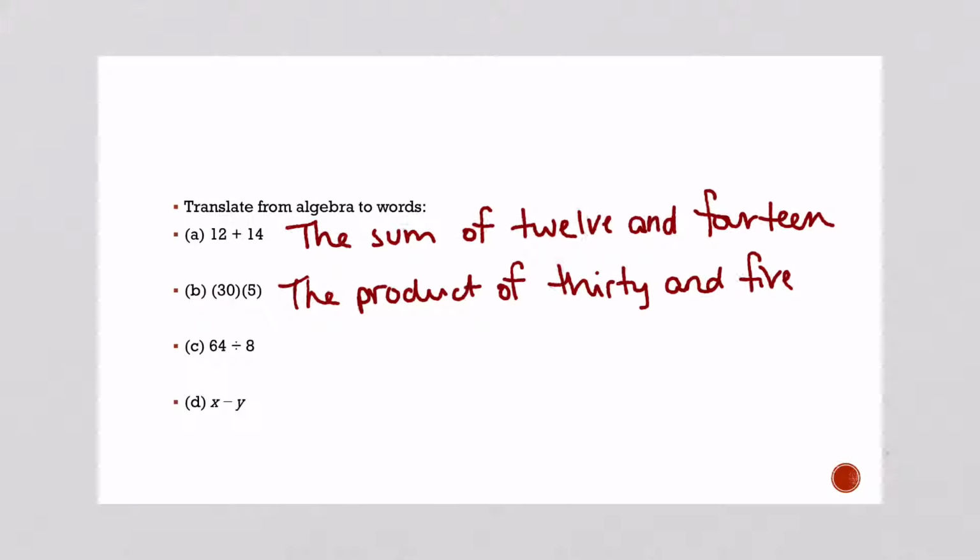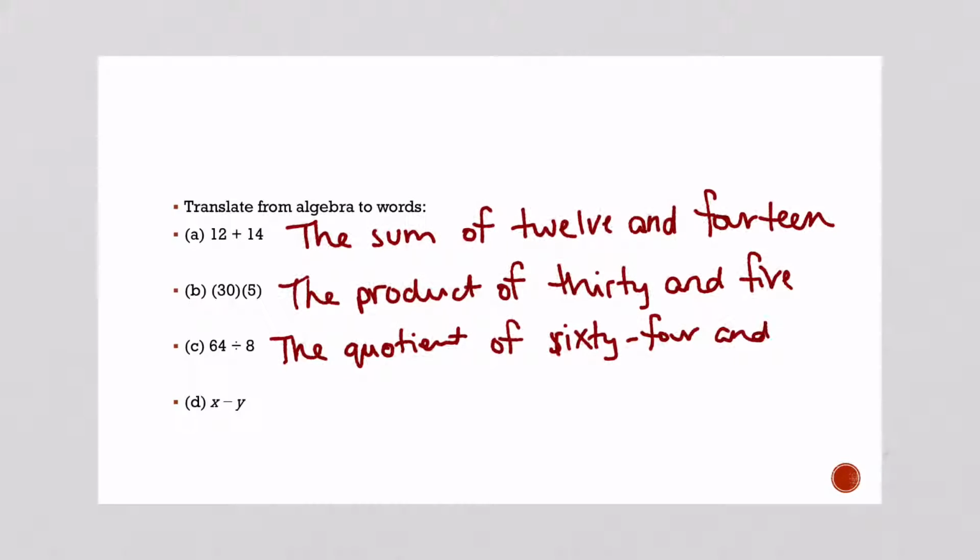On part C, I could say the quotient of 64 and 8. And keep in mind, there's other ways to say this too. So on part C, I could have said 64 divided by 8. The quotient of 64 and 8 just sounds a little more proper.